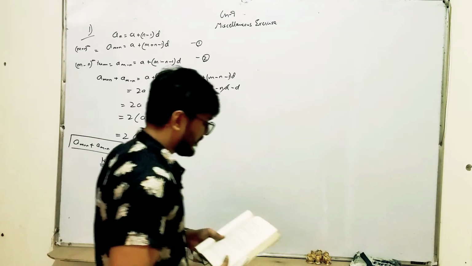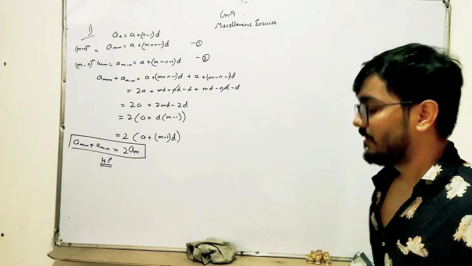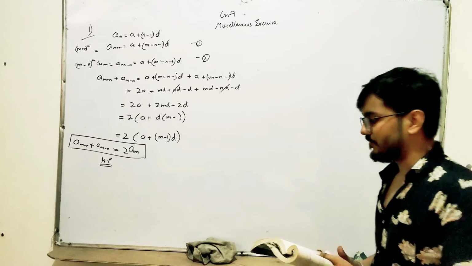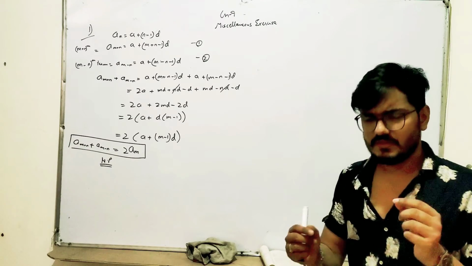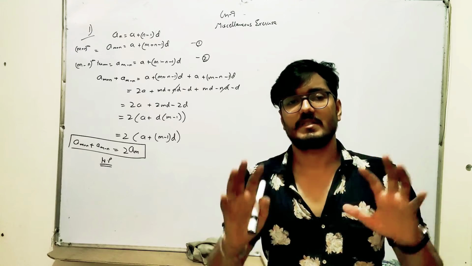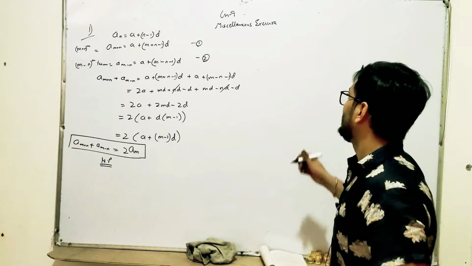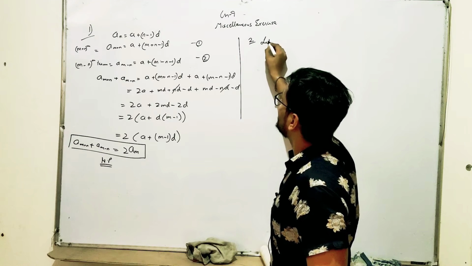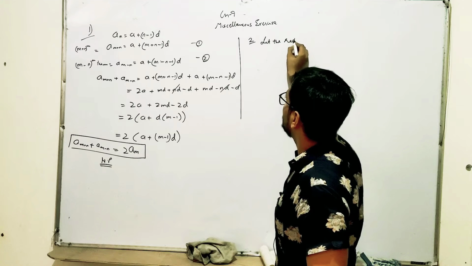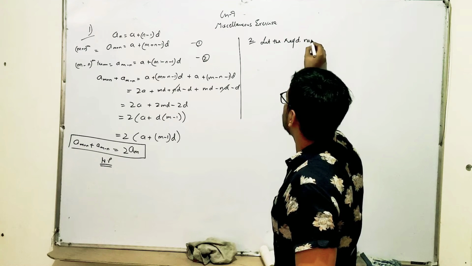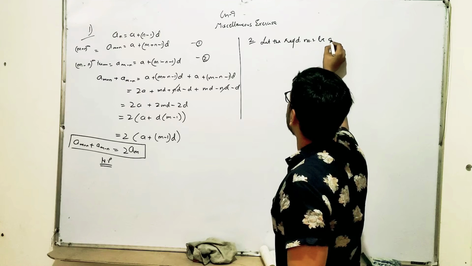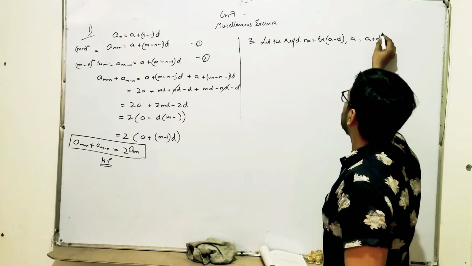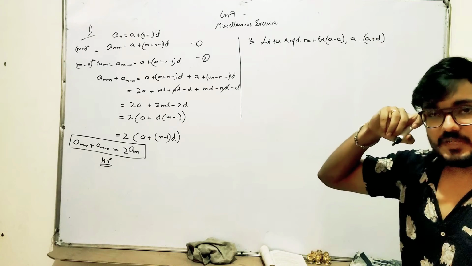Next, question number second. Just pause the video and note it down. So question number second: if the sum of three numbers in an AP is 24. So whenever such type of questions are given, just consider three numbers in AP to be, let the required numbers be a minus d, a and a plus d, because these three numbers are in AP, right?